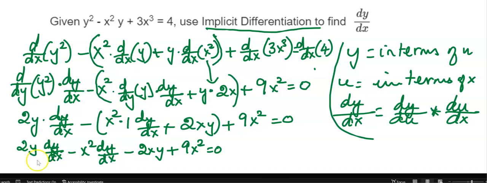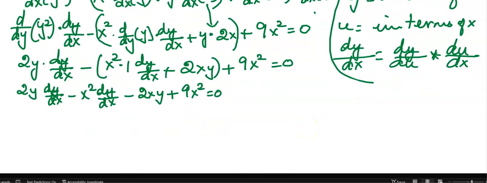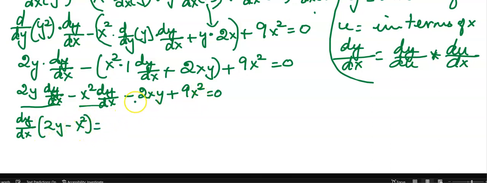So what we are going to do is take dy dx common there, these two terms, this term and this term. So dy dx common there times 2y minus x squared, and get these terms to the other side. So minus 2xy will become plus 2xy, and then minus 9x squared.